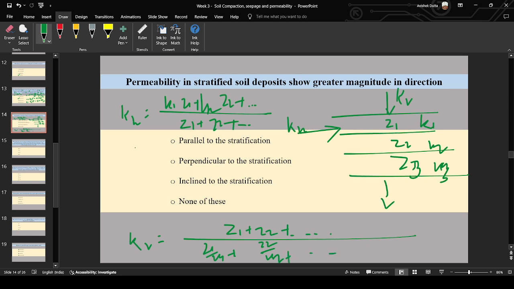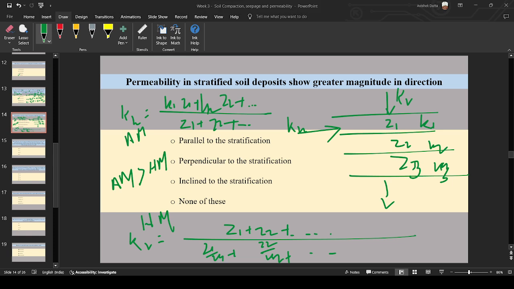So we all know this is the arithmetic mean, this is the harmonic mean. In general mathematics, arithmetic mean is always greater than harmonic mean. Okay. So KH will be more than KV.